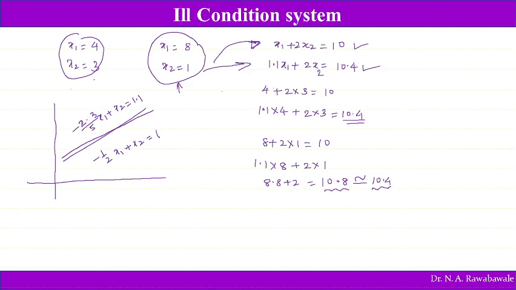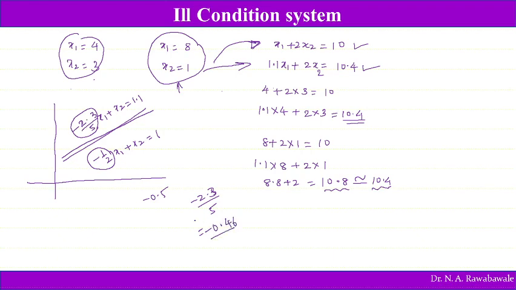So these two equations have got same slope. So this is minus 1 by 2 means minus 0.5, and minus 2.3 divided by 5 is also minus 0.46.